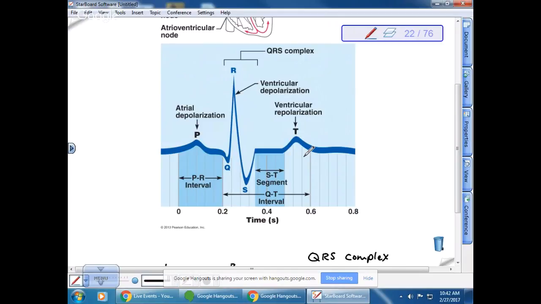And we don't want it too long, because there's what is called long QT syndrome. Long QT syndrome has to do with the fact that there's too much time between T and Q, and then that can sometimes cause people's hearts to just stop, right? And so then they actually have to shock them back awake.